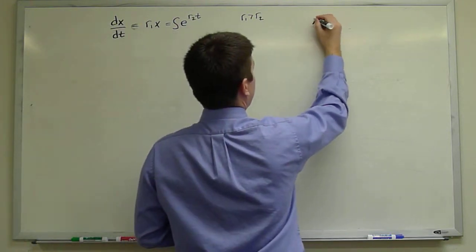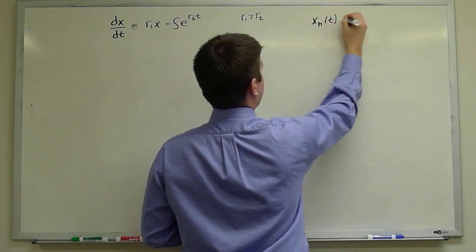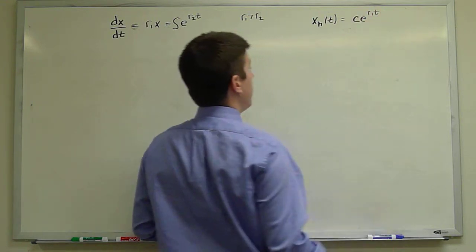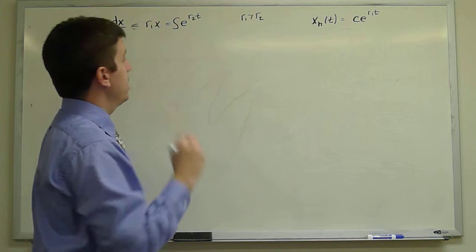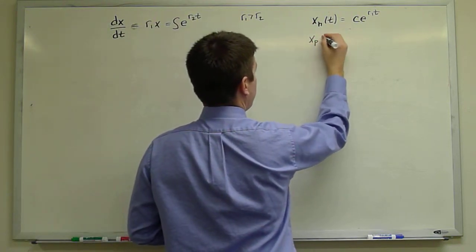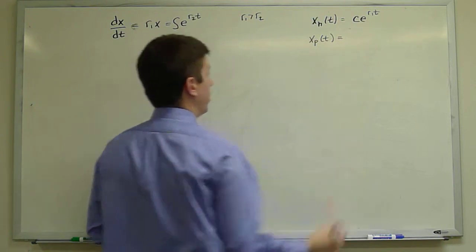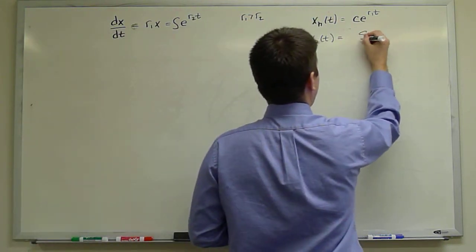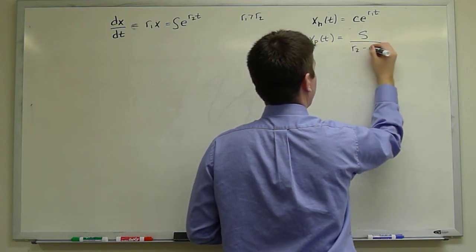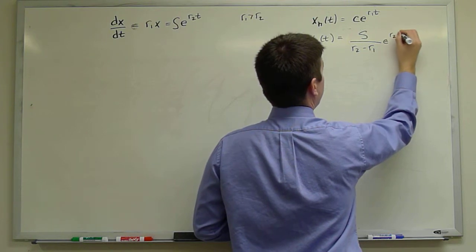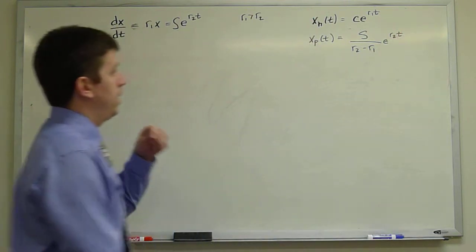It had a homogeneous solution, C e to the R1t, and it had a particular solution, which we could find using various methods, of S over R2 minus R1 e to the R2t.